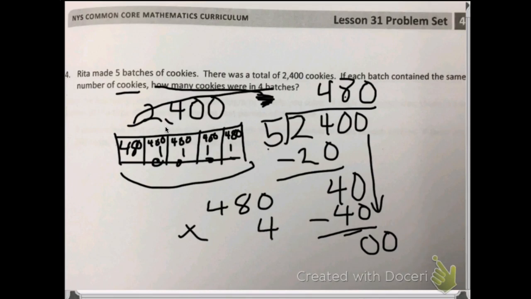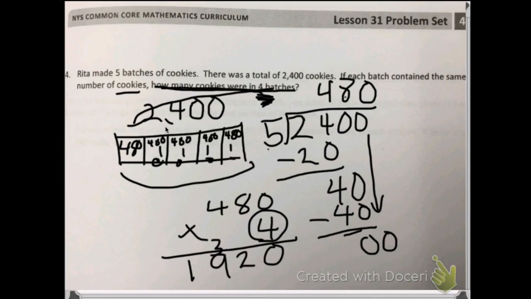4. 480 times 4. 4 times 0 is 0. 4 times 8 is 32. Carry the 3. 4 times 4 is 16. Plus 3 more, 17, 18, 19. So there are 1,920 cookies in 4 batches. It's asking how many cookies were in 4 batches.